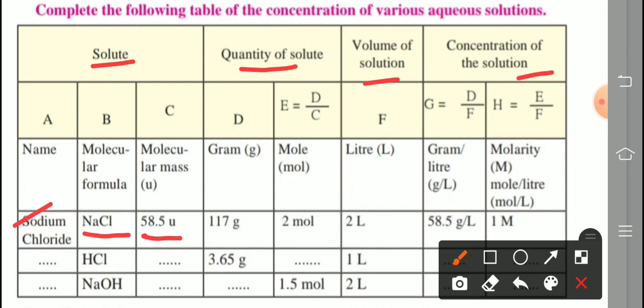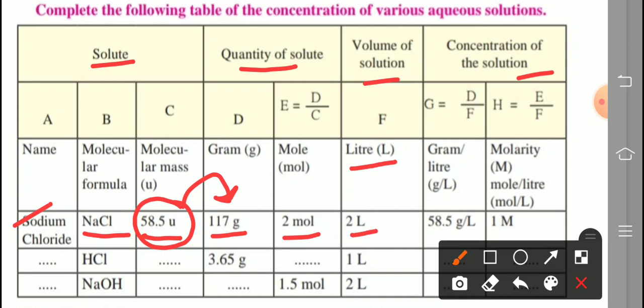Next, second column, quantity of solute. Suppose 117 grams of solute is dissolved. This molecular mass is called 1 mole. So what is the relation between 58.5 and 117? It is double. That's why 117 grams of sodium chloride means 2 moles. Clear? Next column, volume of solution.